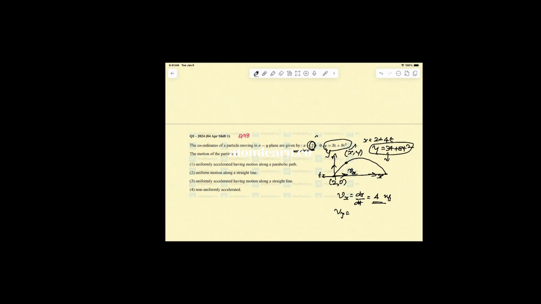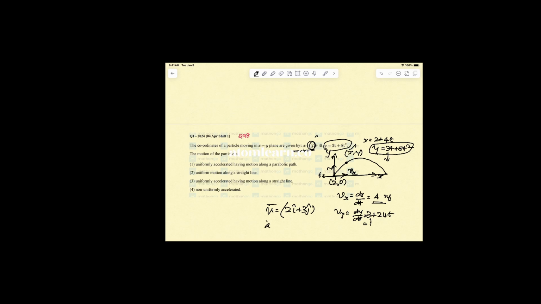Vy is given by dy by dt. Differentiate y equal to 3t plus 8t squared. You get 3 plus 24t. This conforms to something like u sine theta, the vertical component, which is going to be 3. Therefore, what is the initial velocity? u is given by 2i cap plus 3j cap.